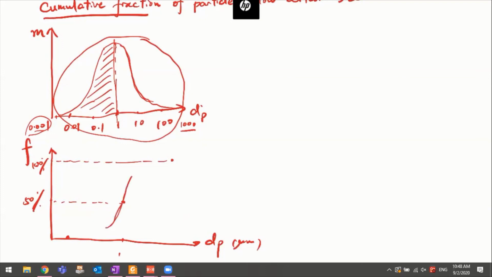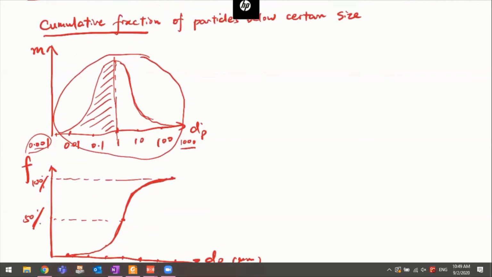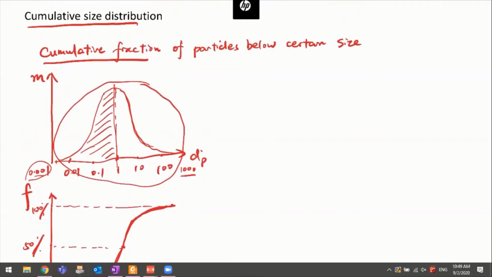And then the increase is going to be slower, right? It's going to be something like this. 0.001, 0.01, 0.1, 10, 100, 1,000. Okay, so we call this representation the cumulative size distribution.